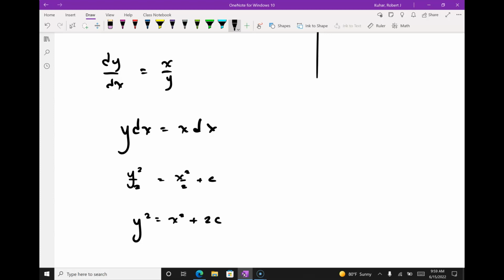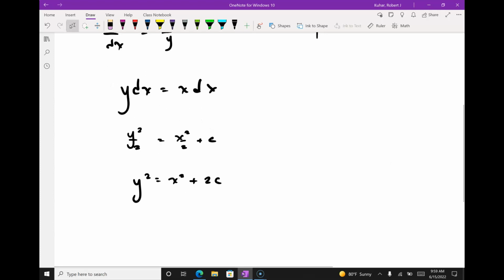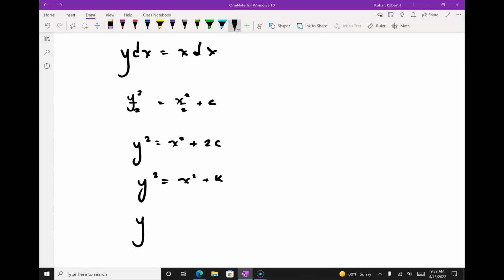And do you see that now is a pretty good time to take 2c and just call it something else? I would just call it c again, or they use k so it's not confused with the original c, but who cares, right? So I definitely get y squared equals x squared plus k, and then of course my square root, right?